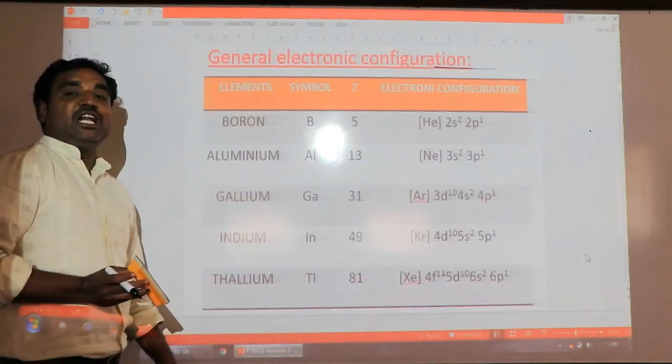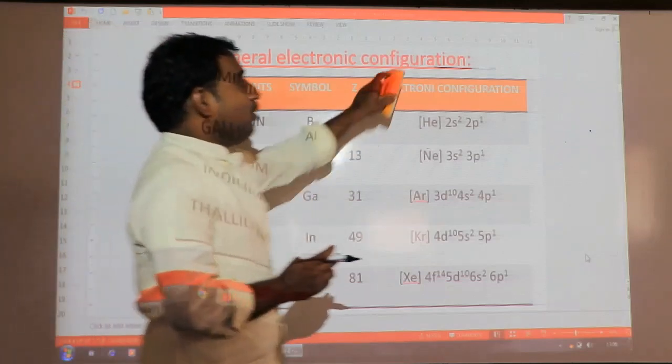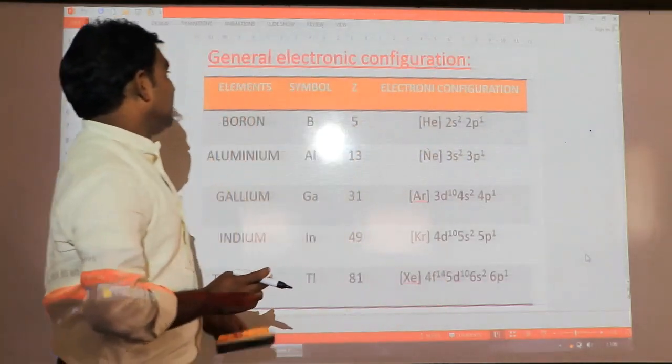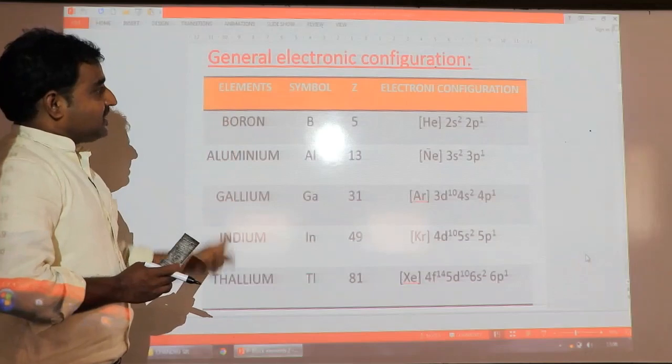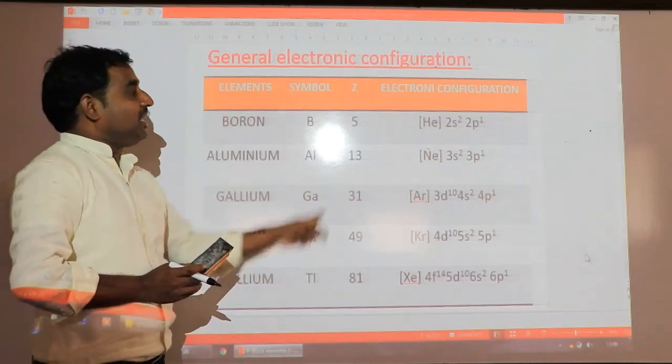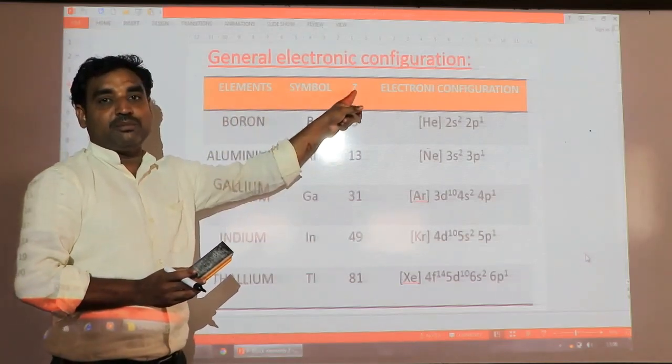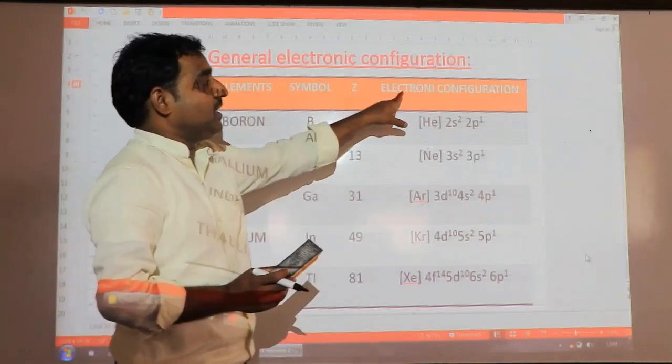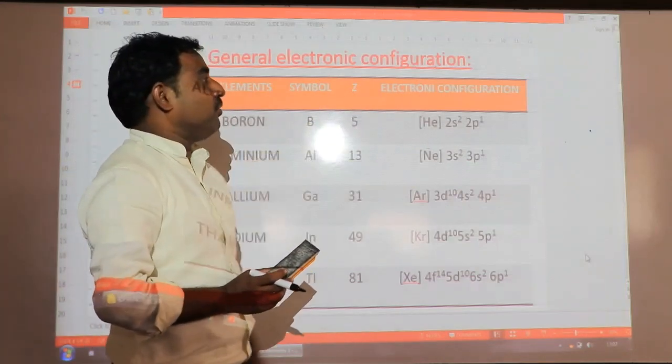Now we will discuss the general electronic configuration of the boron family. We have written the elements here with their symbols and the atomic number, denoted by Z, and here we have written the electronic configuration of the boron family.